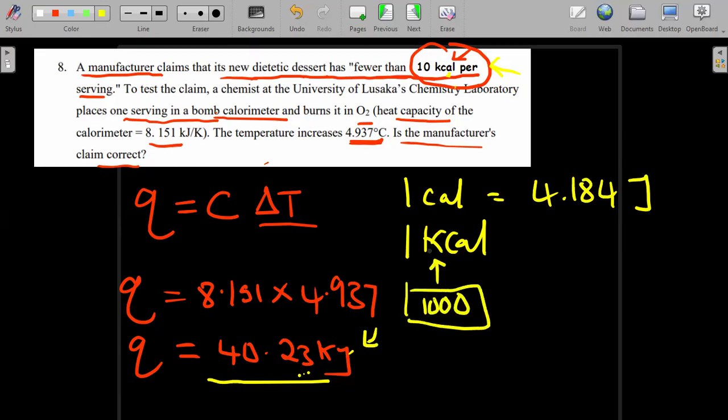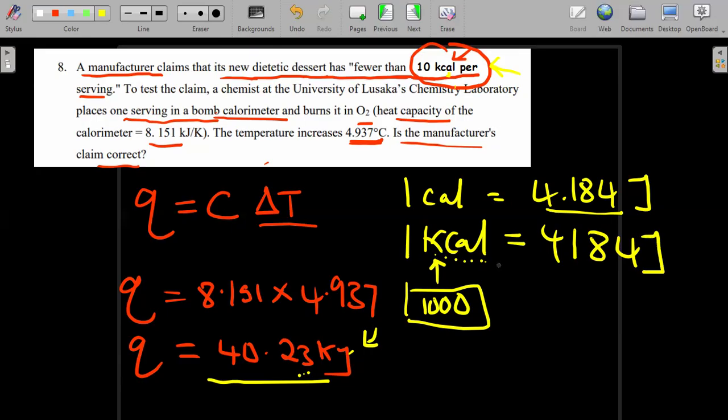So 1K calories is the same as 1,000 calories. Since I multiplied by 1,000 on the left, I'm also going to multiply by 1,000 on the right-hand side. When I multiply by 1,000, what am I going to get? Let's multiply on the calculator: 4.184 multiplied by 1,000 gives 4184 joules.